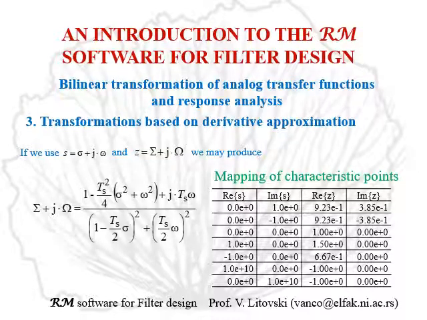So before we proceed with the implementation, we will discuss a little bit the properties of the bilinear transform. First, on the left-hand side, there is a formula in which the Z is extracted on the left-hand side and expressed as a capital sigma plus j capital omega.